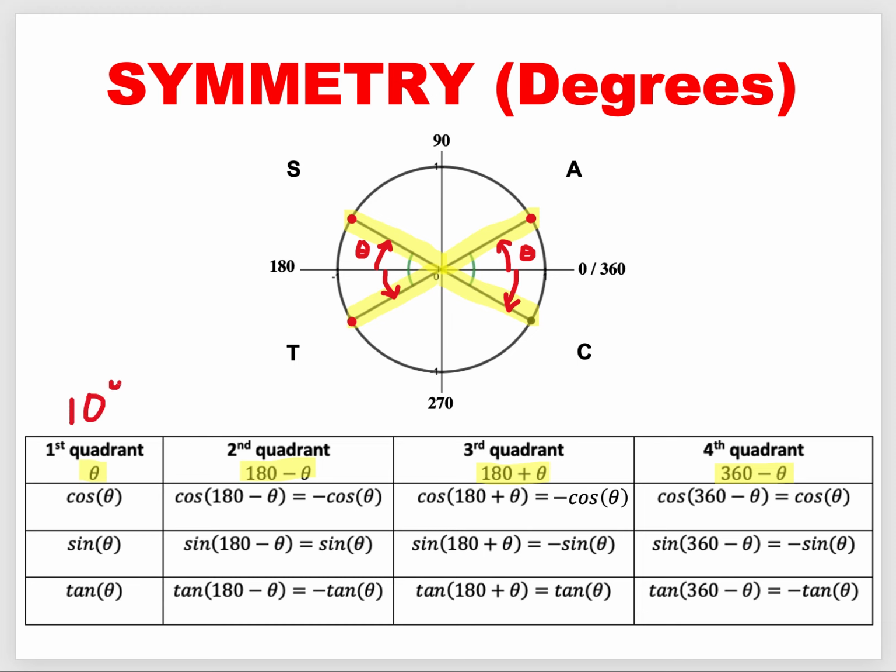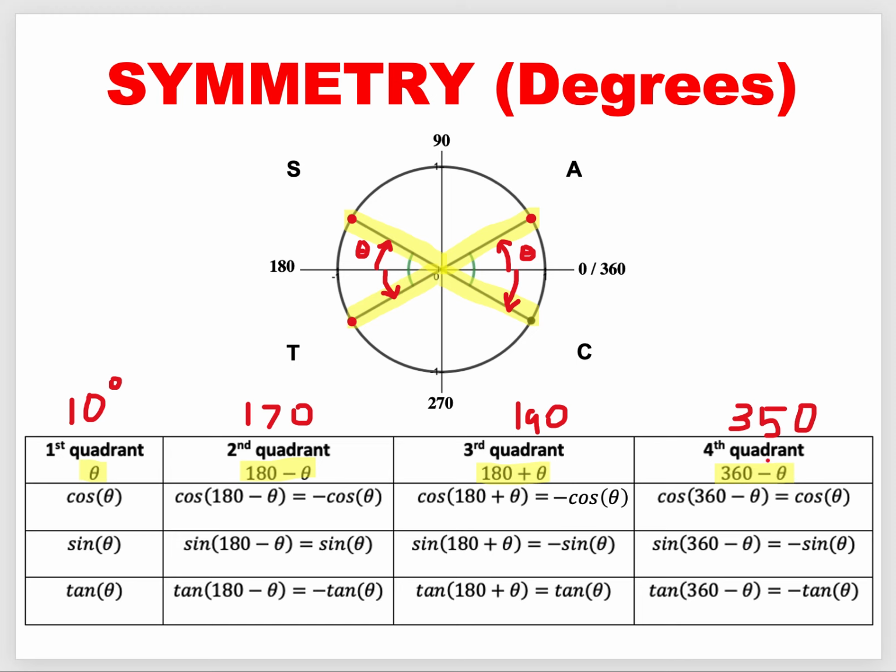If that's 10 degrees in the first quadrant, then the second quadrant angle would be 180 take away 10, which is 170. The third quadrant angle would be 180 plus 10, which is 190. You get the idea. The fourth quadrant would be 360 take away 10, which is 350 degrees. So that's just me plucking an angle out of the air as an example for the first, second, third, and fourth quadrants.